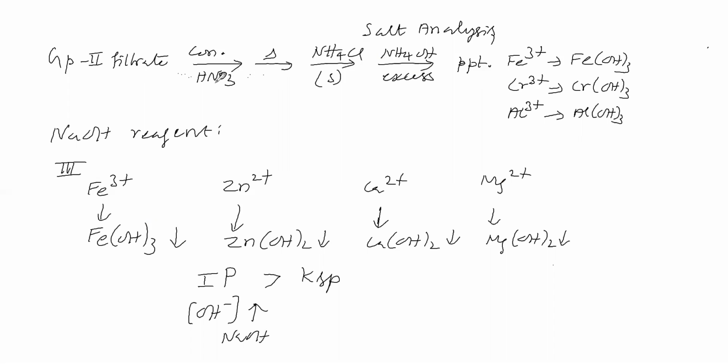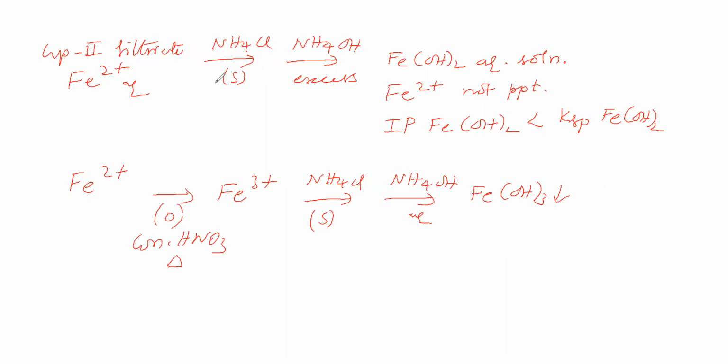Next we will go for group 4. Cationic analysis we have to do systematically. We have done group 3. After doing group 3, you take the group 3 filtrate for group 4 analysis.